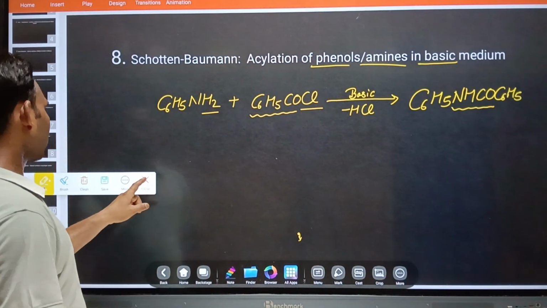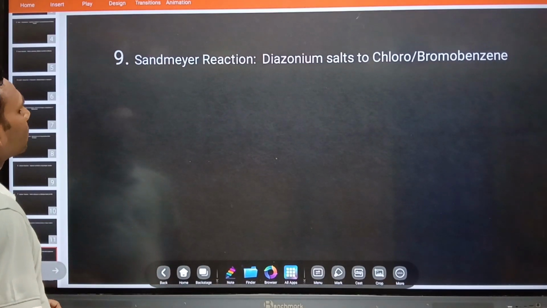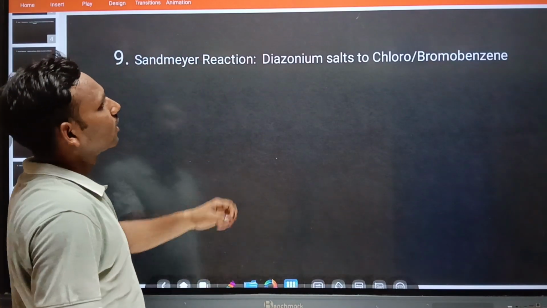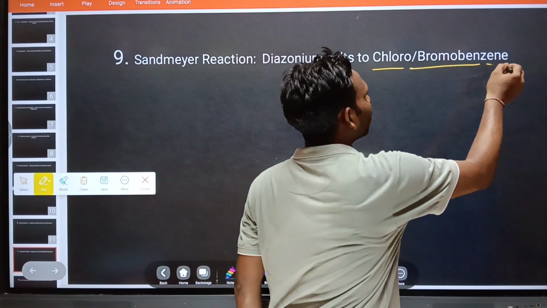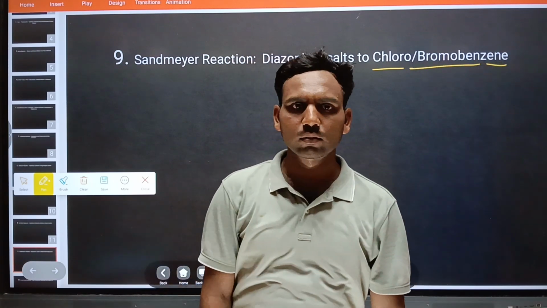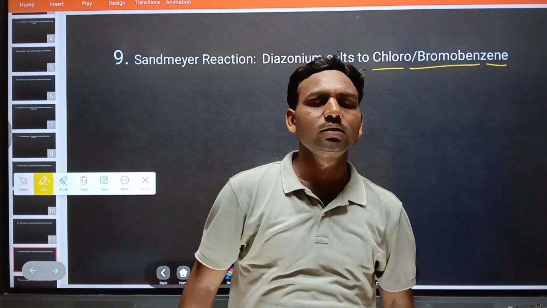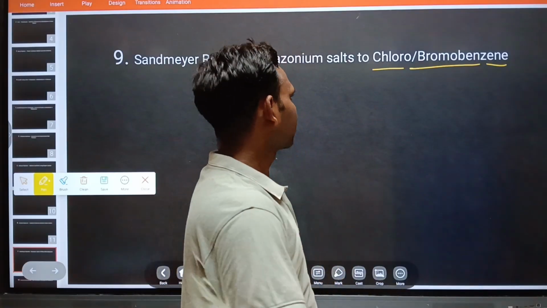Next equation is the Sandmeyer reaction. Sandmeyer reaction: diazonium salt to chlorobenzene or bromobenzene. Chlorobenzenes and bromobenzenes are formed from the diazonium salt. So first we will discuss the formation of diazonium salt.